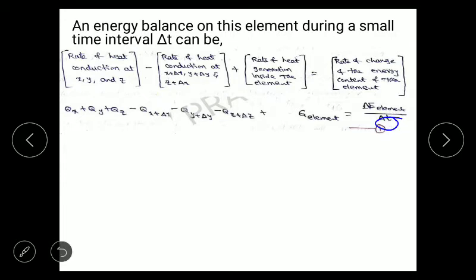Remember, here every time q is taken as a rate directly, but here the rate is indicated separately by dividing delta E by delta t. So let us say this is equation 1.